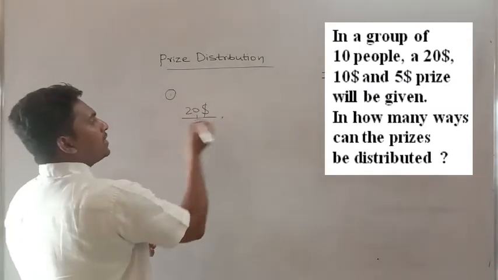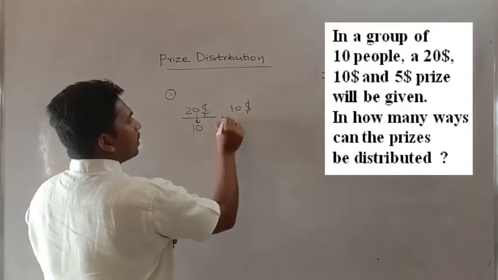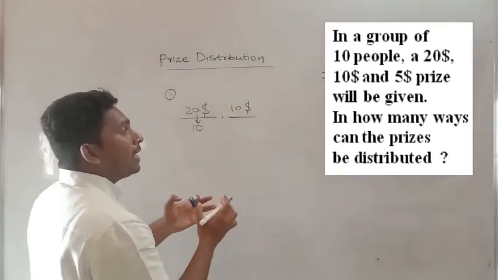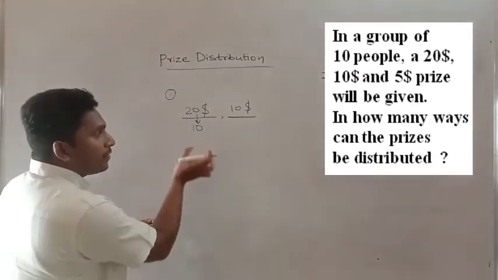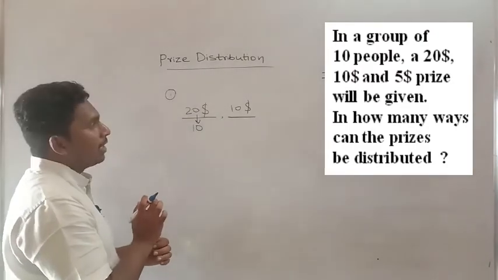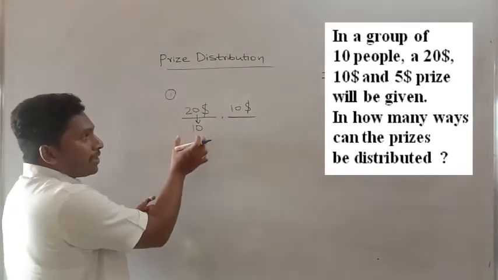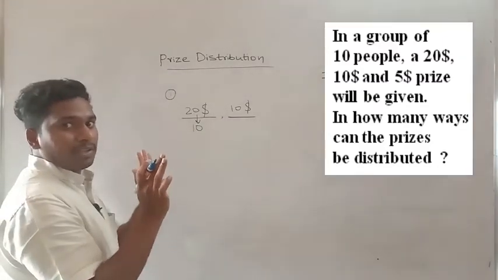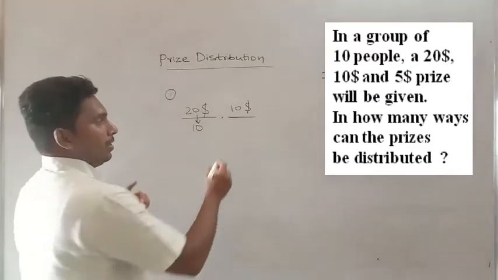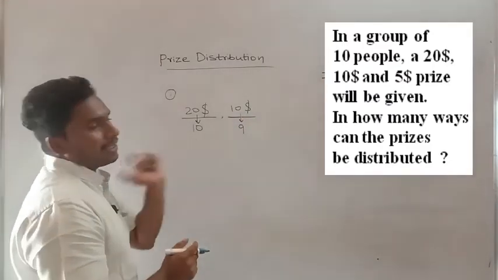Now the second prize, the $10 prize. In order to give that, how many persons are remaining? Because out of the 10, one person got $20. Already one person got the first prize, so how many are there still? 9 persons are there to give the second prize.